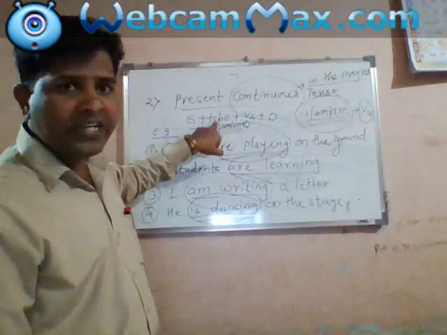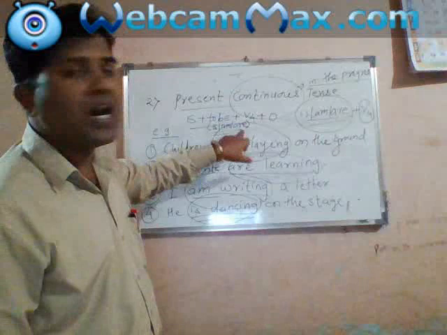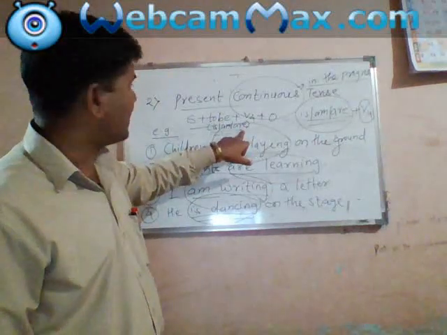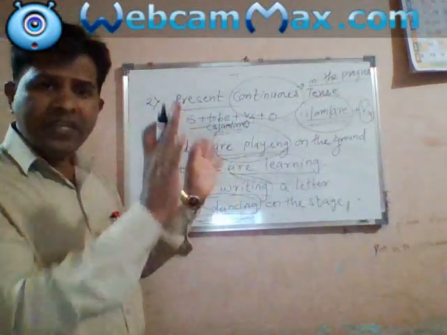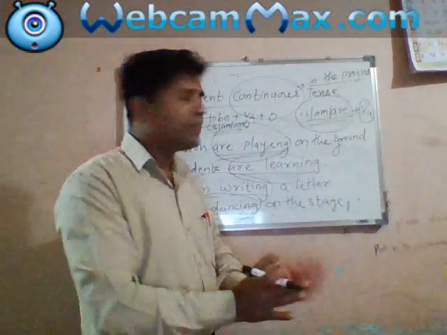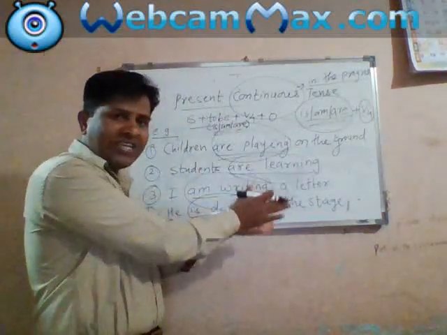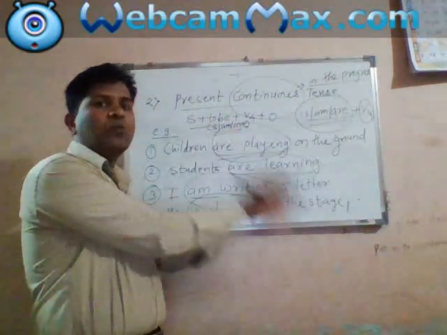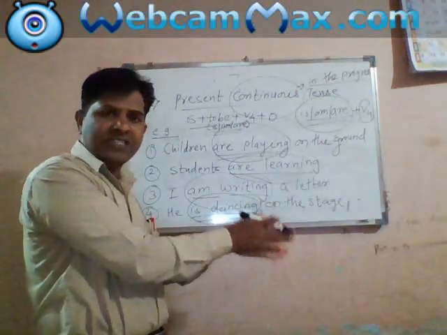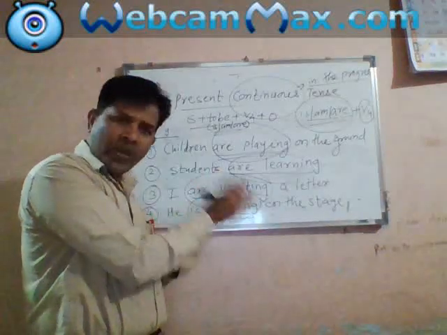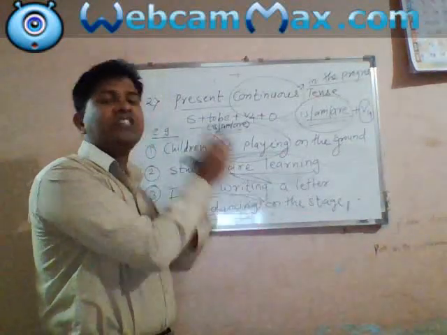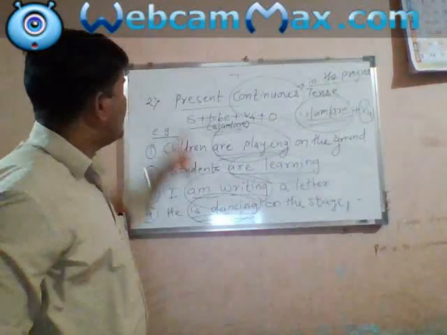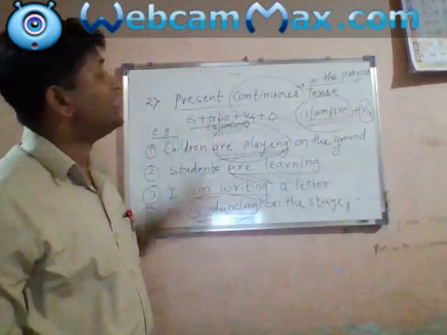To be means is, am, are, V4. And in a nutshell, when do we use it? When the action is in progress, or when the action is going on, we use present continuous tense.